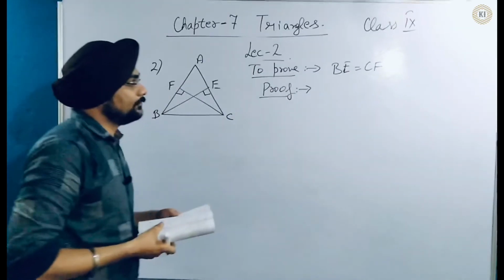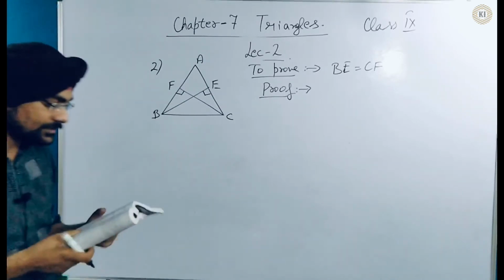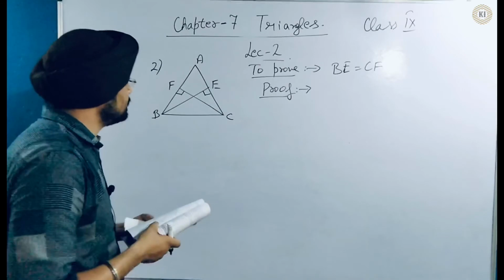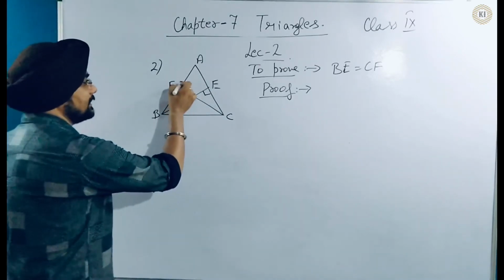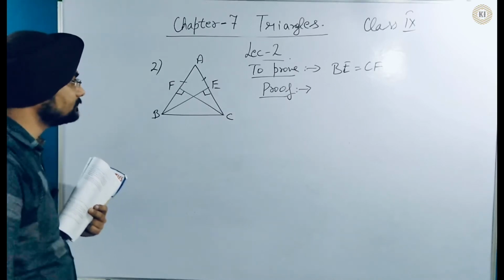In this question we have to prove that the altitudes BE is equal to CF. Both the altitudes are equal. And what is given? Triangle ABC is an isosceles triangle. It means that AB is equal to AC. These two sides are given as equal.